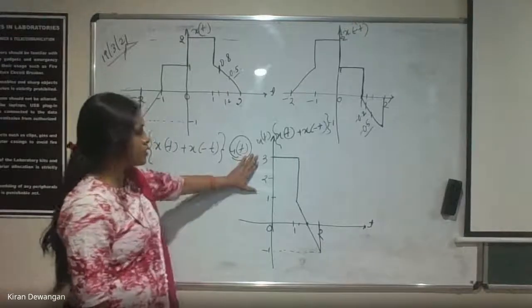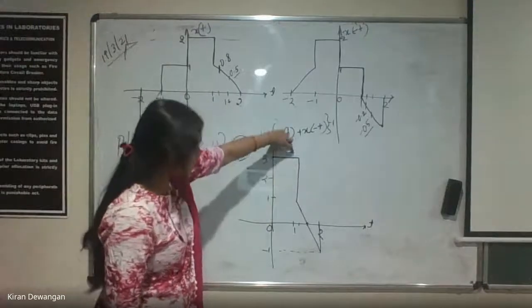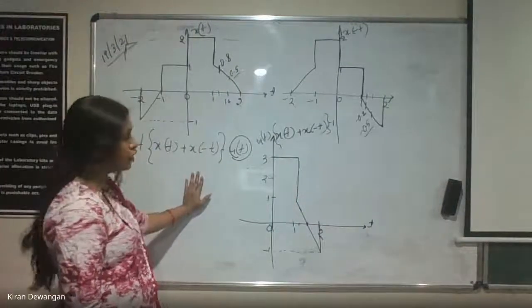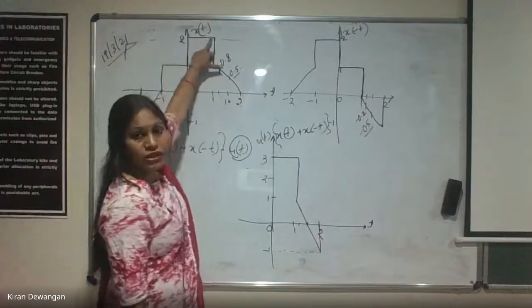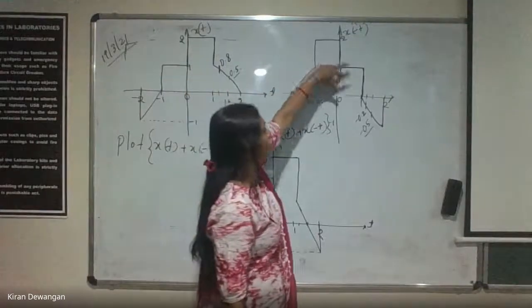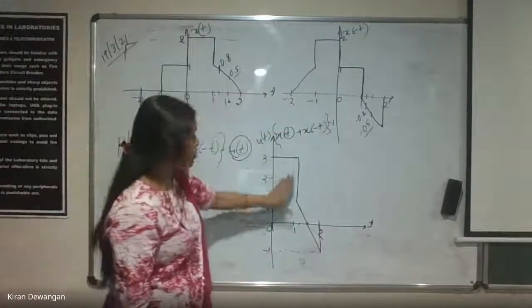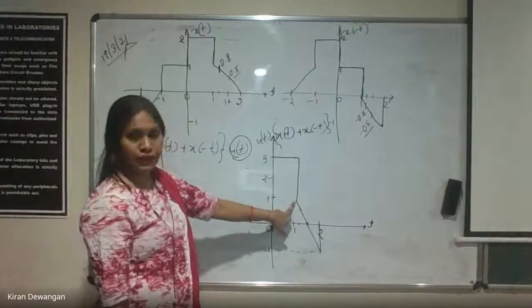So this is how the plot would be. It will start with 3, then it will drop to 1. Constantly it will be 3 between 0 to 1. 0 to 1 में it will be constant value 3. Now since we are having two drops, one drop is x(t) and the other drop is x of minus t at 1. So both the drops will bring the signal to 1. 1 पे directly drop हो जाएगा. ठीक है?